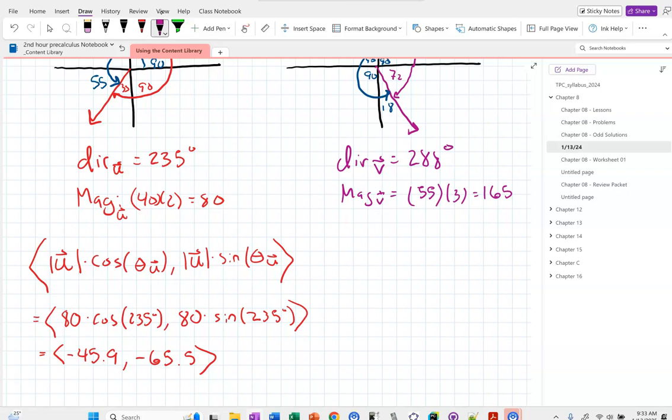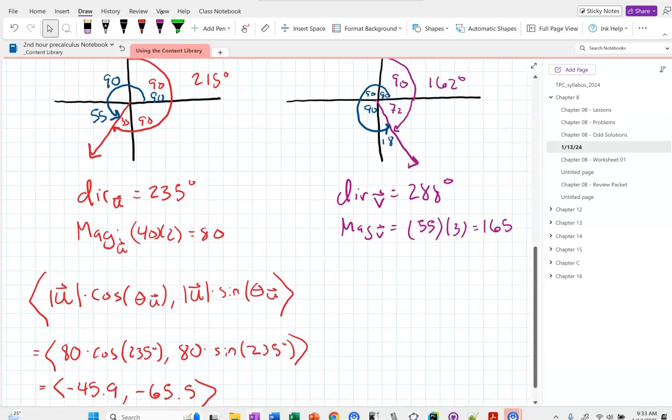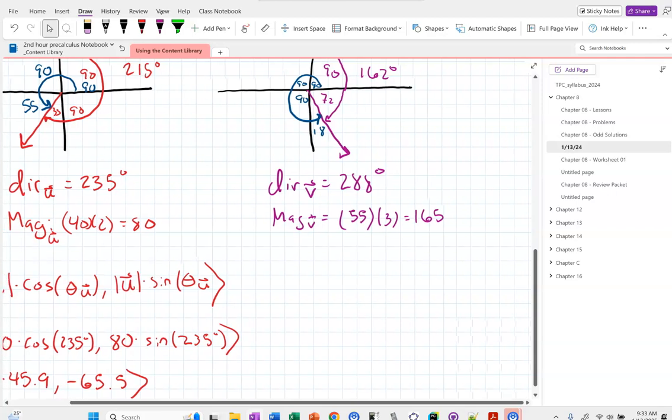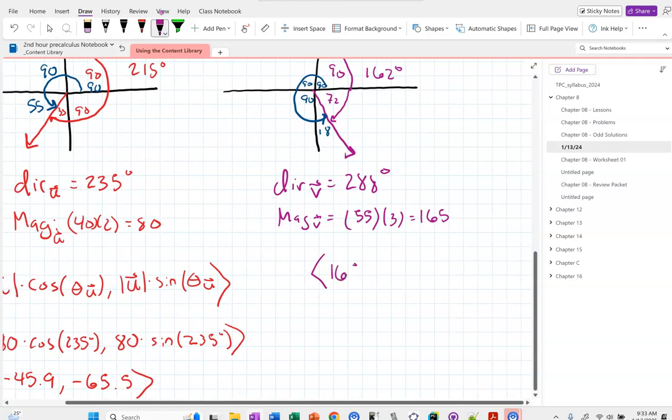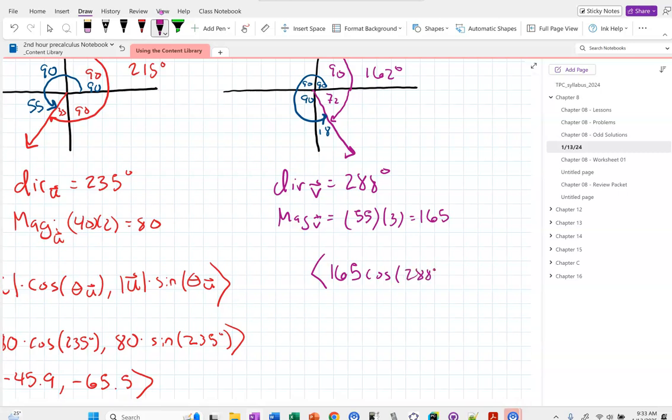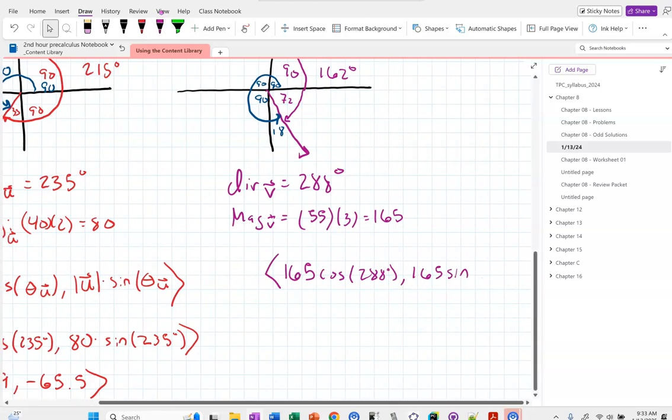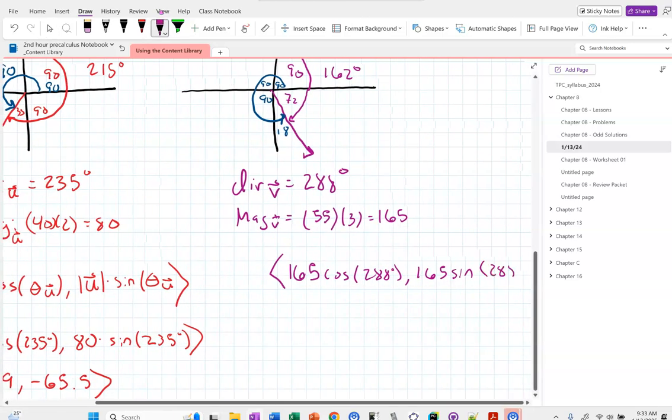So far, so good. We'll do the same thing now for vector v. So 165 cosine 288, comma 165 sine 288.